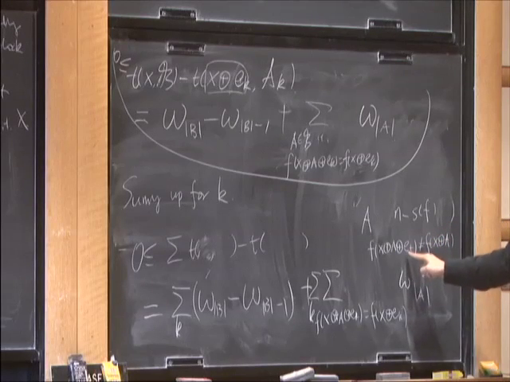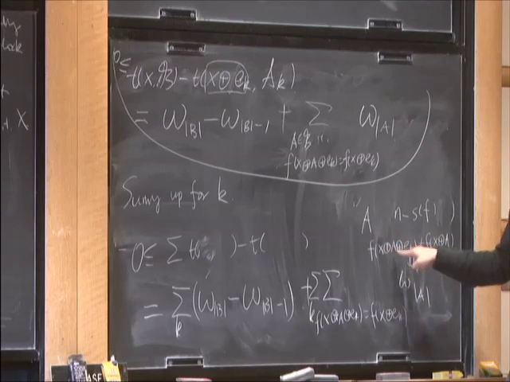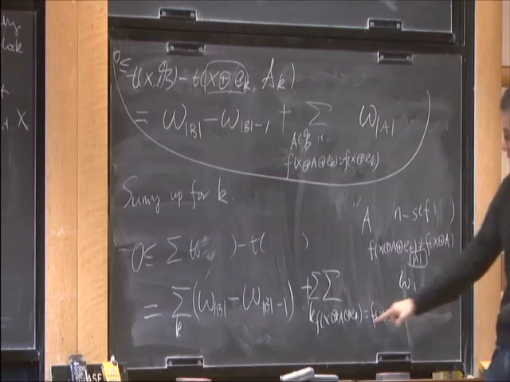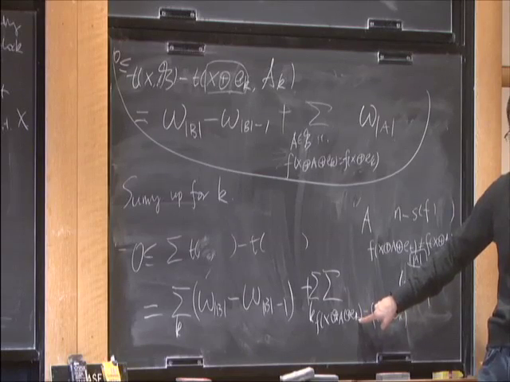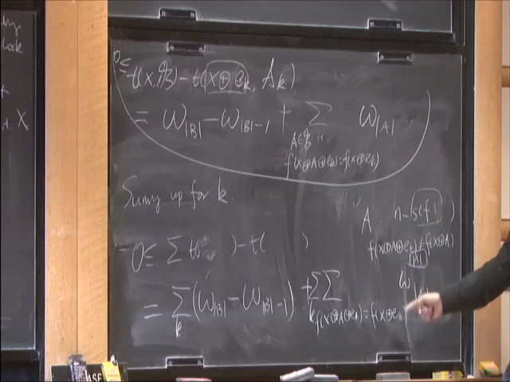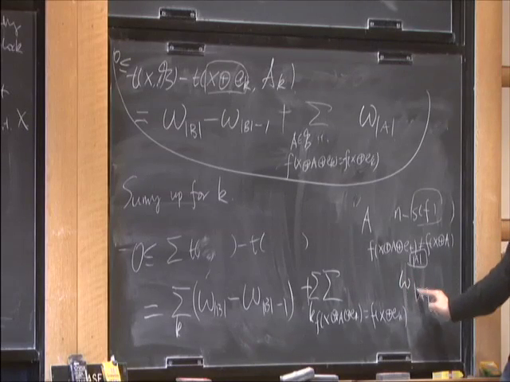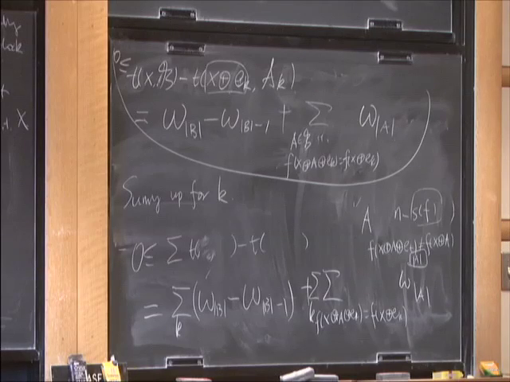So this already gives you the size of A, that many sensitive blocks for this vertex. We know the sensitivity of F is at most s of F. So here, every block A appears at most n minus s of F times.